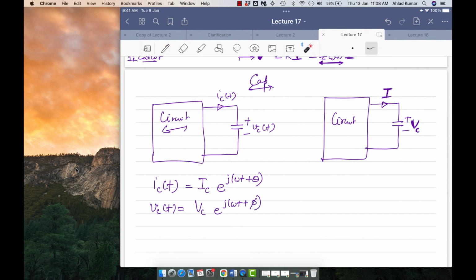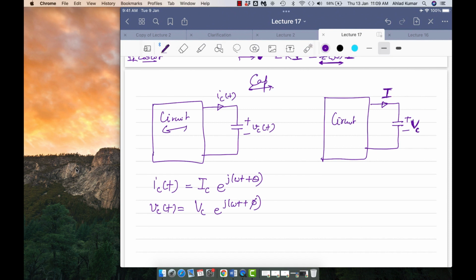Now you can see the omega is the same, but theta is the phase of the current flowing here, and the voltage it is generating has phase phi. So the phases are different, so information is residing in the phases. Omega is not providing any information, so that's why we normally omit omega in these representations.